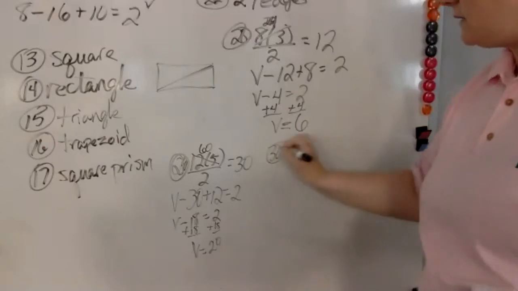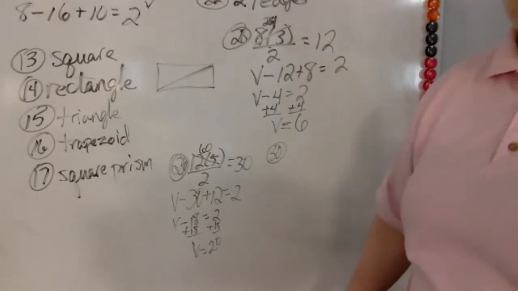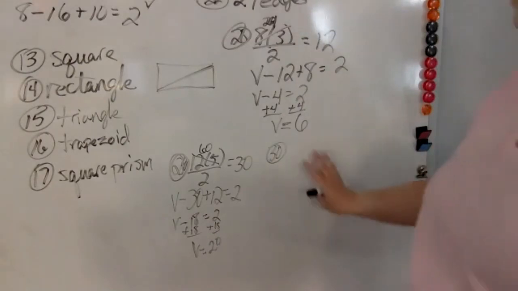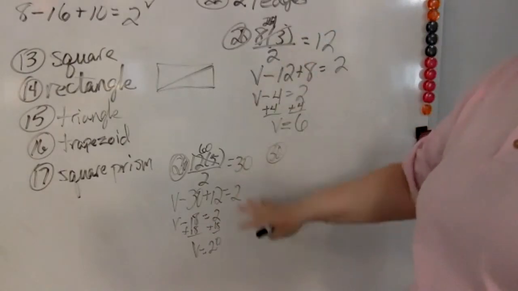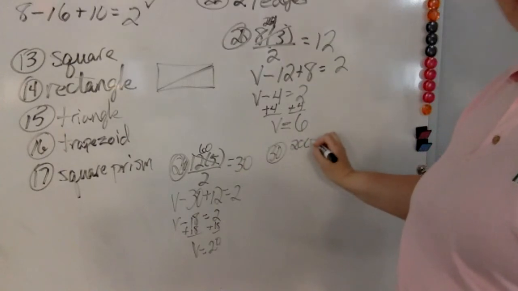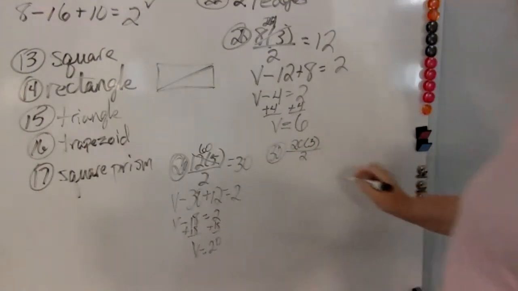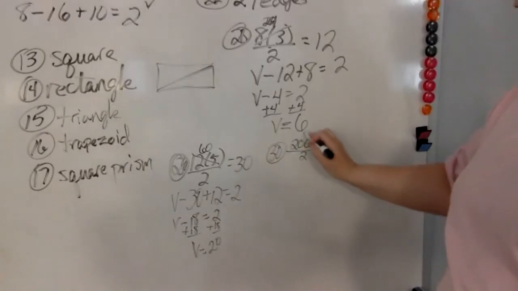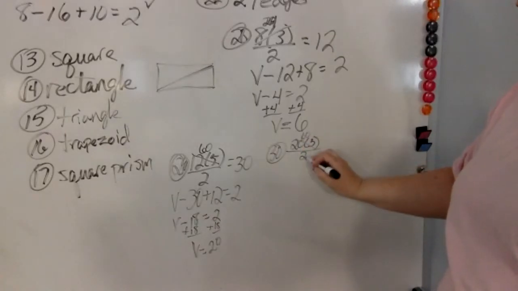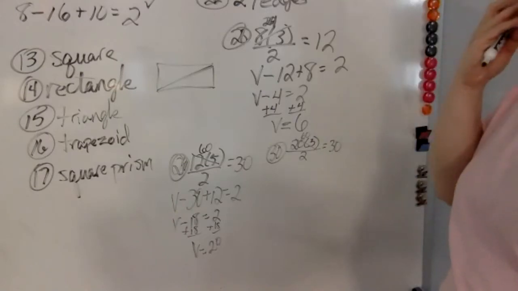Number 30 says there are 20 triangular faces. So we're going to do like we did on numbers 28 and 29. You have 20 times how many sides does a triangle have? 3, divided by 2. So 20 times 3 is 60. 60 divided by 2 is 30.